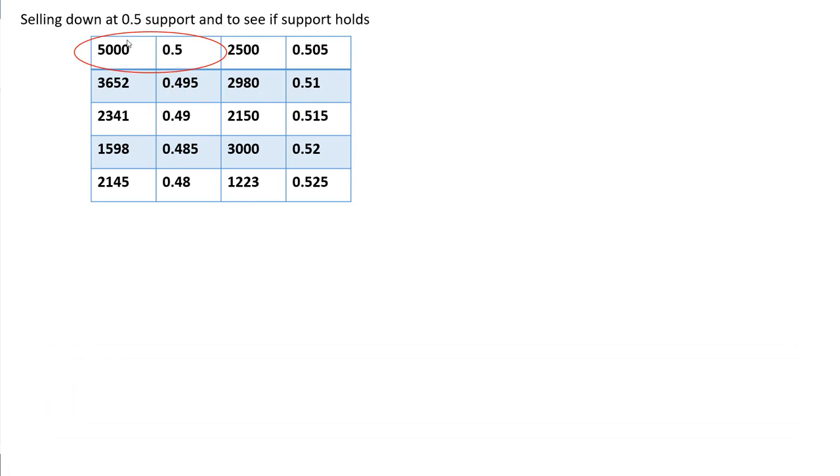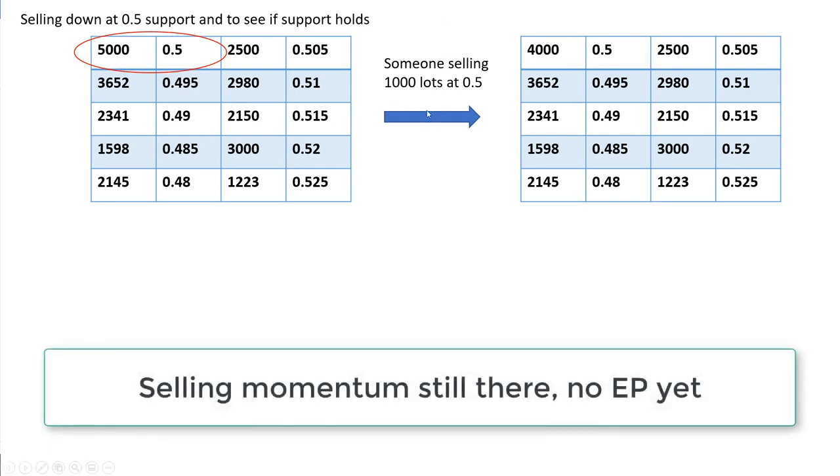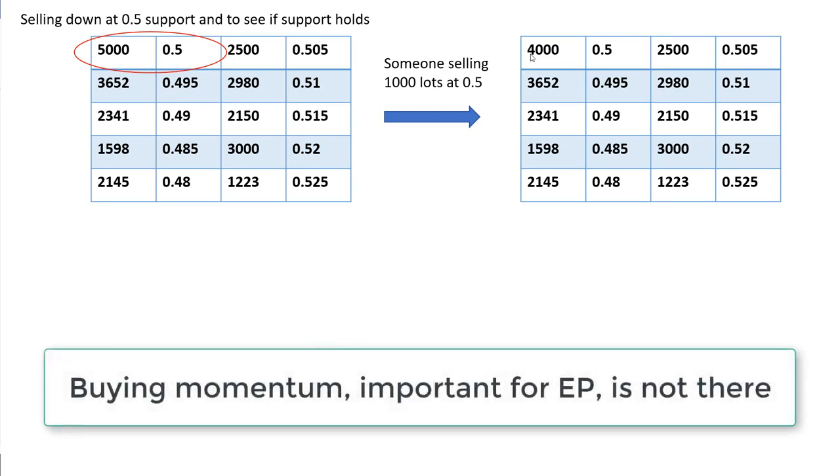Number one, is it being sold down still? If yes, we don't go in first. We observe and we see that there is a selling momentum. In this case, someone is selling 1,000 lots at the 50 cents from 5,000 buy queue to 4,000 buy queue. And this means that there is selling momentum and no buying momentum.